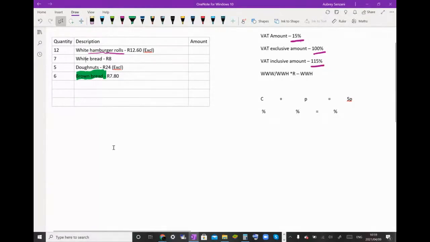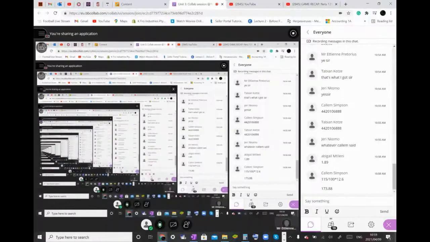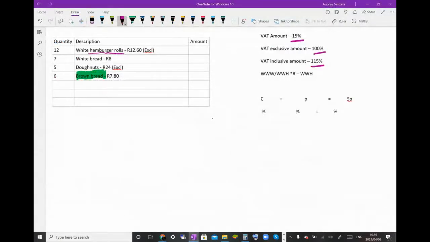Did I hear something in the chat? We're going to say 115, yes, divided by 100, because that's what we have, the VAT exclusive, times the 12 Rand 60. Remember this formula: what we want, divided by what we have, times the Rand amount.